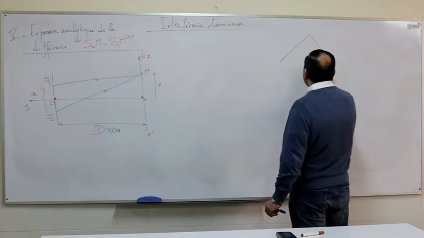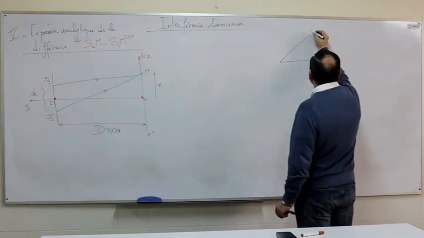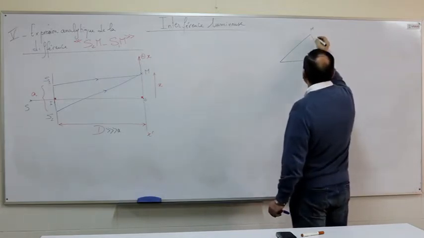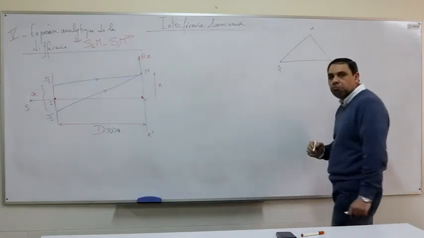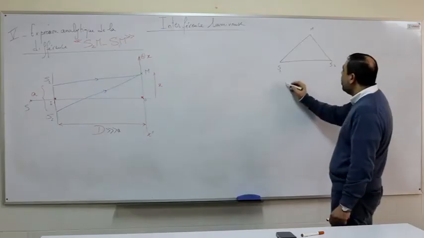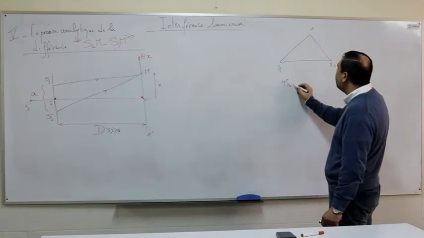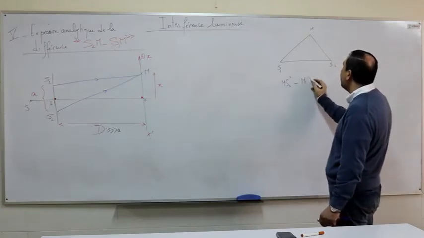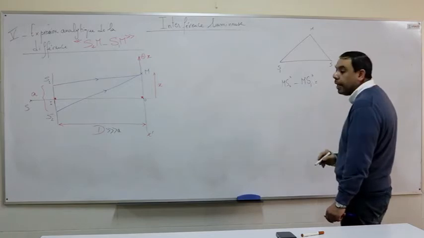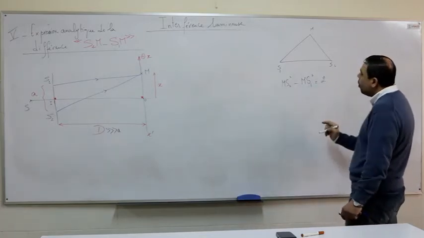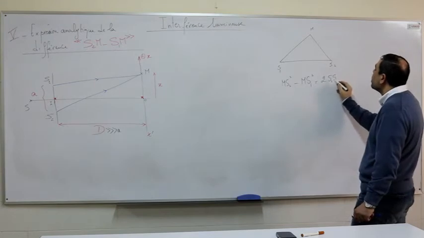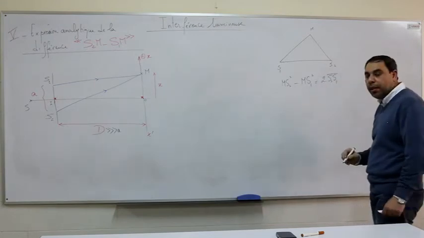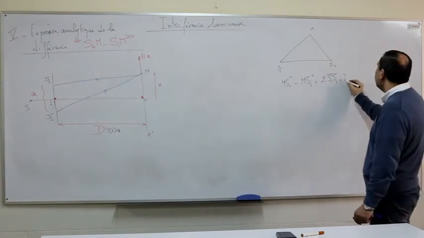We use a certain formula in a triangle. Consider this triangle, for example, MS1S2. We always have MS2 squared minus MS1 squared equals 2 times the algebraic value of S2S1 times the algebraic value of IH.